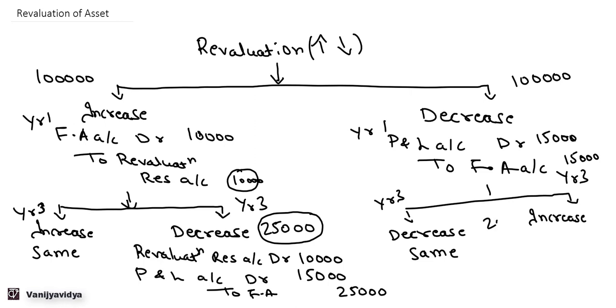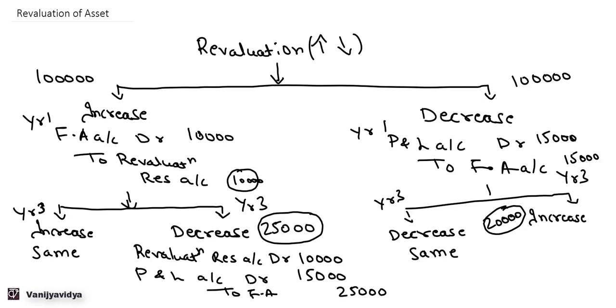An increase of 20,000. So to the extent of the revaluation decrease which was debited to your profit and loss account, we need to adjust it now to your profit and loss account, and the balance needs to be taken to revaluation reserve surplus.